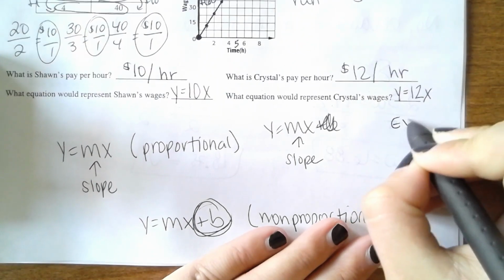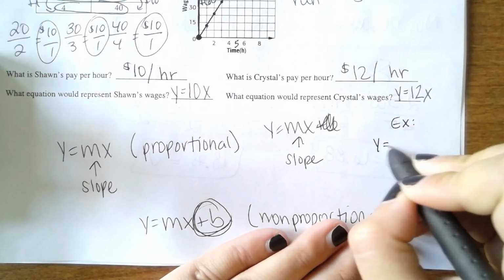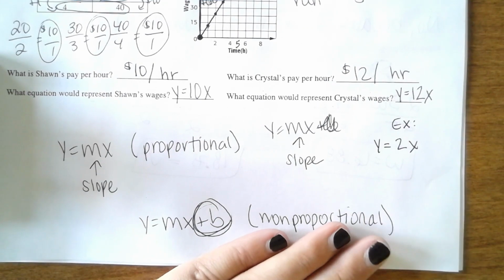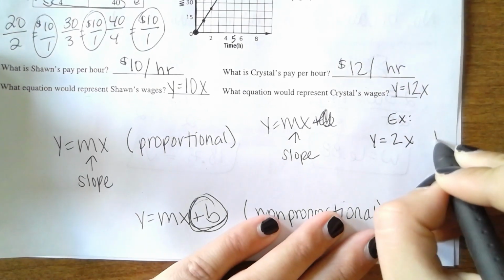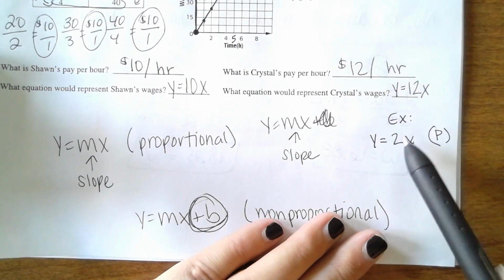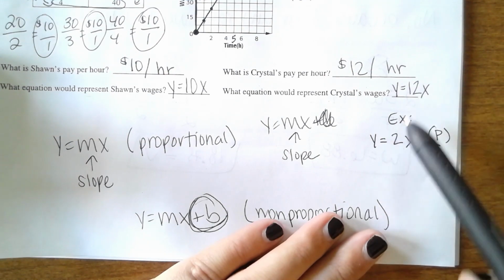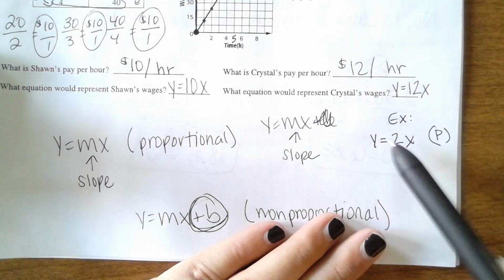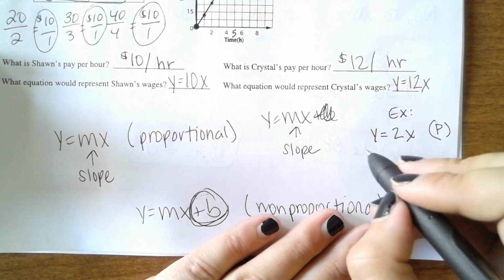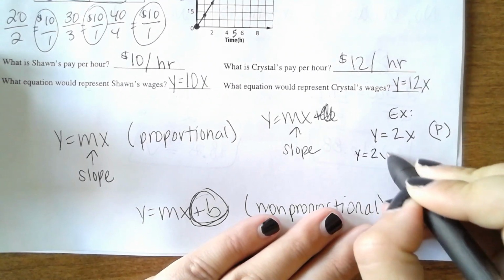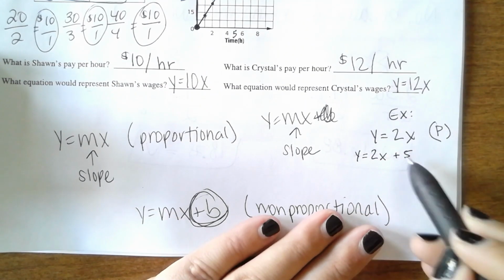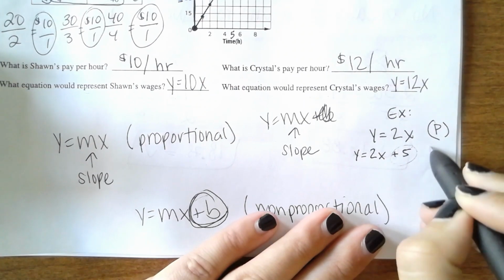If I had y equals 2x, this graph would be proportional because it does not have that plus b part, and you saw from up here that these look the same, they're just different slopes, okay? However, if I wrote y equals 2x plus 5, this plus 5 part is what makes it non-proportional.